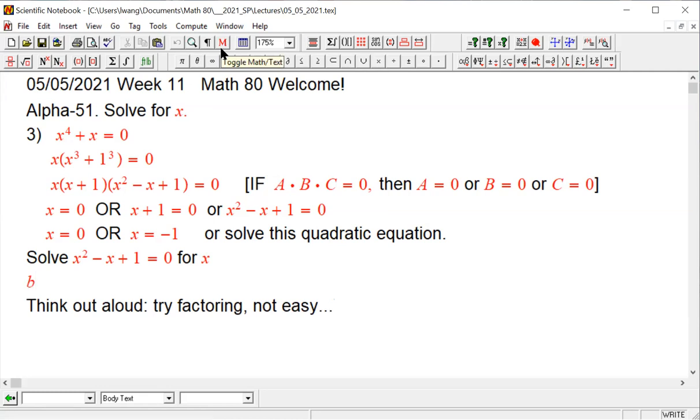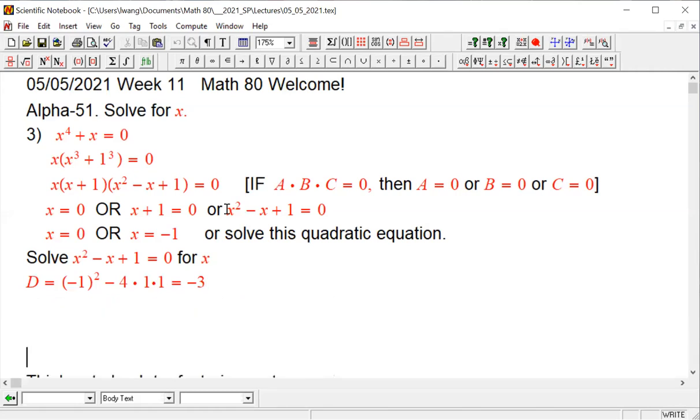So we're going to do the discriminant, which is b squared minus 4ac. And that will give us b is -1, squared. And a is 1, c is 1. And this will give us a -3. So we expect 2 complex number solutions, okay?